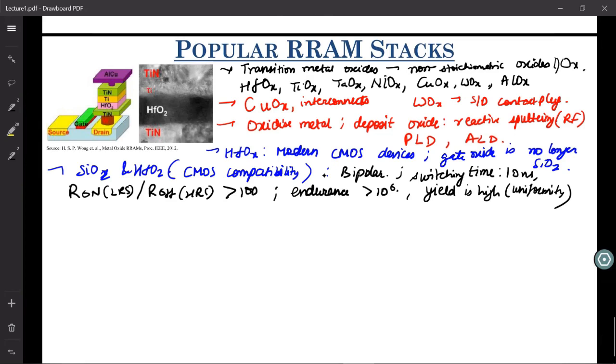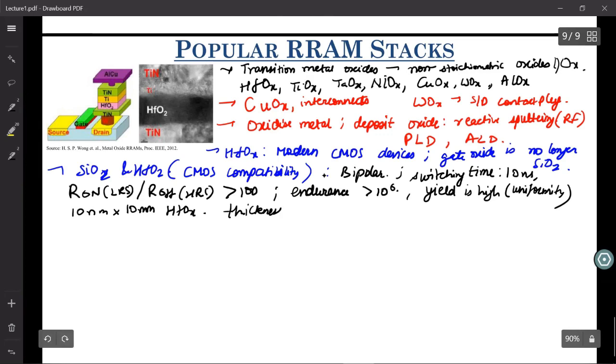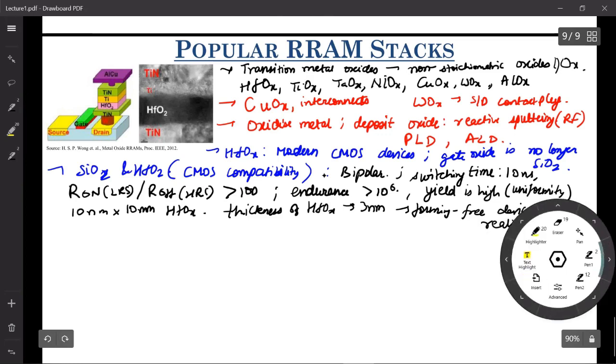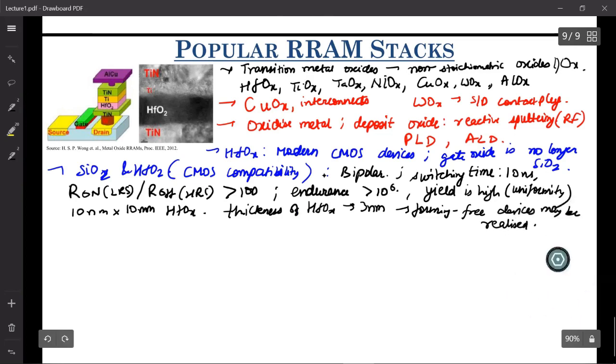In terms of scalability also, people have shown 10 nanometer by 10 nanometer working HfOx devices, and if the thickness of HfOx is reduced to 3 nanometers, then even forming free devices may be realized. So these properties make it very promising. That's the reason why it has been studied more.